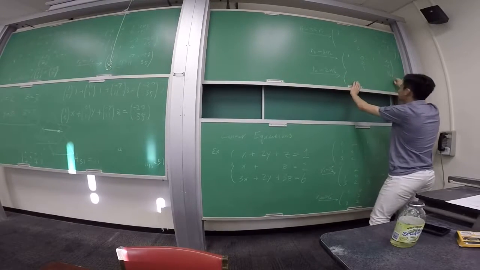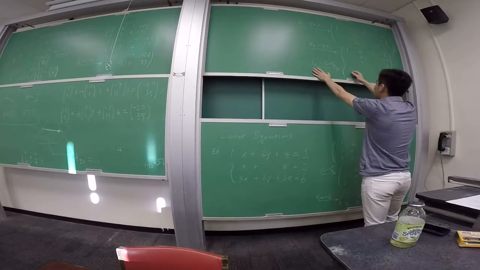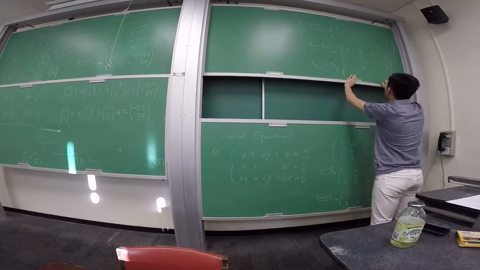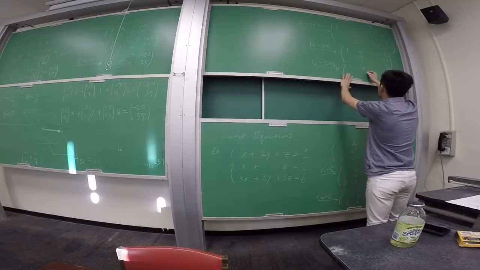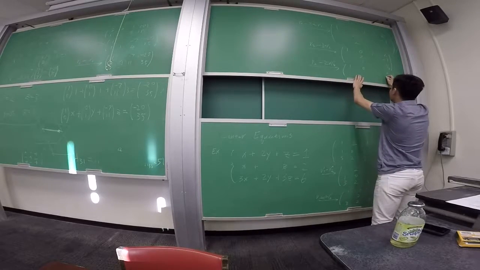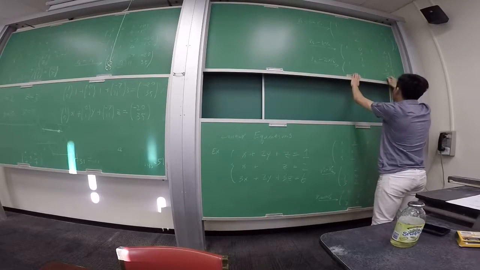And switch the R2 and R3. Yeah, okay, follow your step. R2 minus 2 times R3, you get 1, 0, 1, 2. Then this is 0, this is minus 2, right? And this is 1, 1 half.